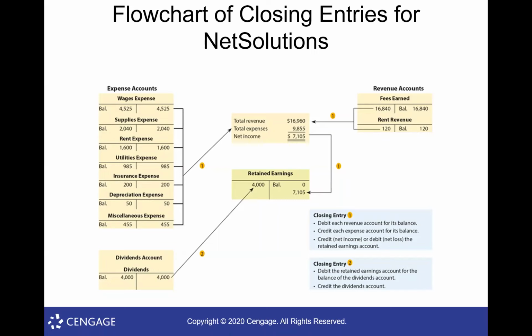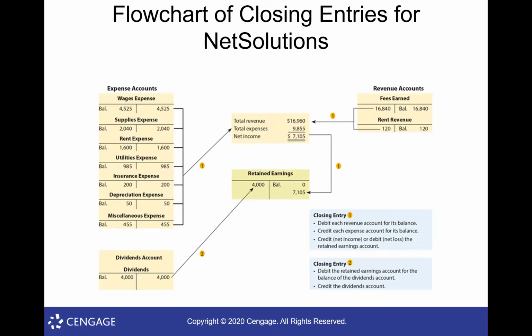We're crediting all of these expense accounts so that we can bring their balance to zero. And if we're doing a credit here, then what do we have to do somewhere else? A debit, right? So we're going to debit $9,855 to this special account. So now we've effectively closed all the expense accounts, but we've opened this new temporary account just for a moment.